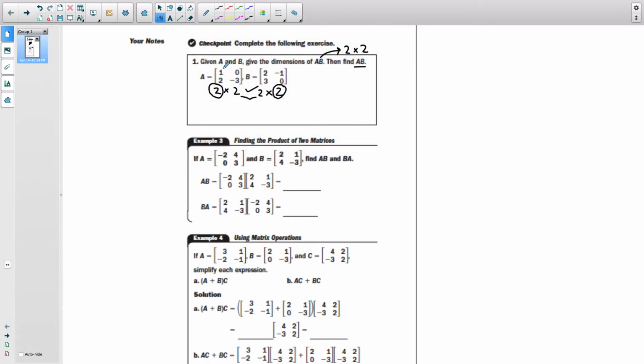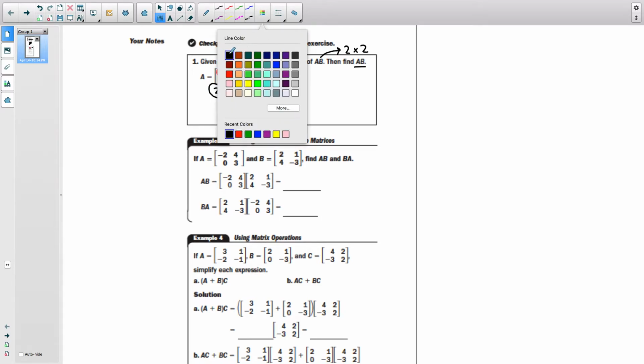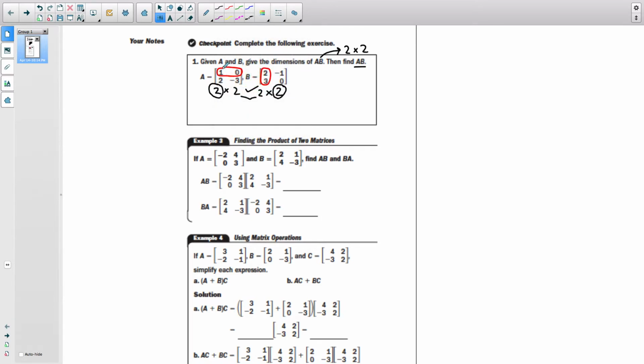Okay, so I'm going to start with the first row again. First row by the first column. So that's going to give me the first entry of the row by the first entry of the column. So that'll be 1 times 2.